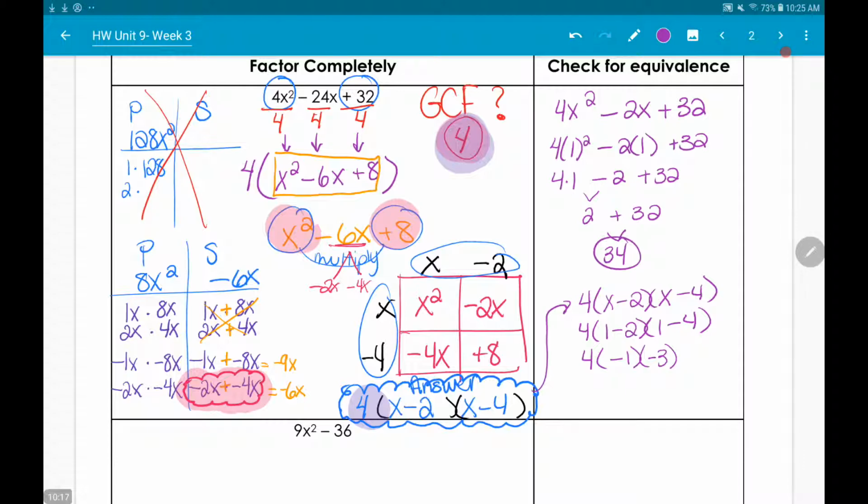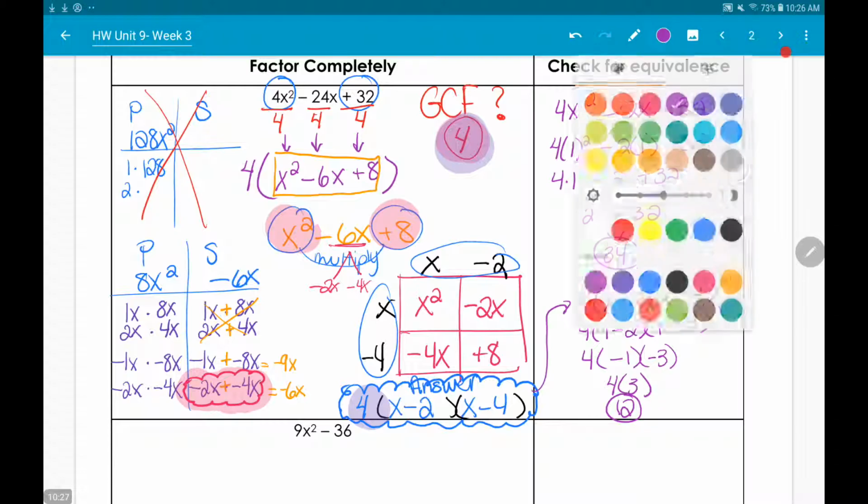Oh, I made a mistake. Because this gets me 12. And those are not equivalent. So let me check back.